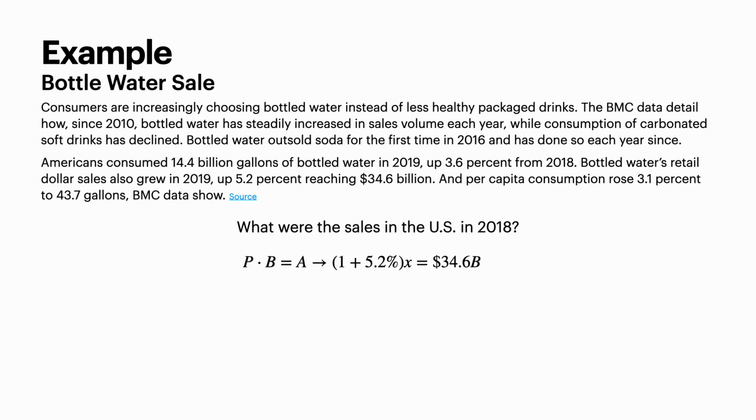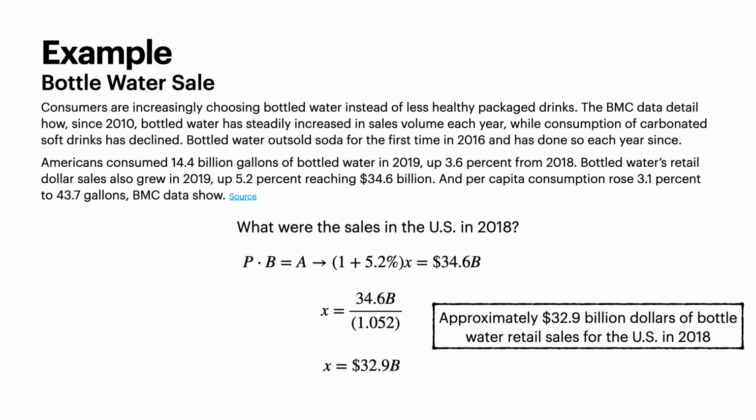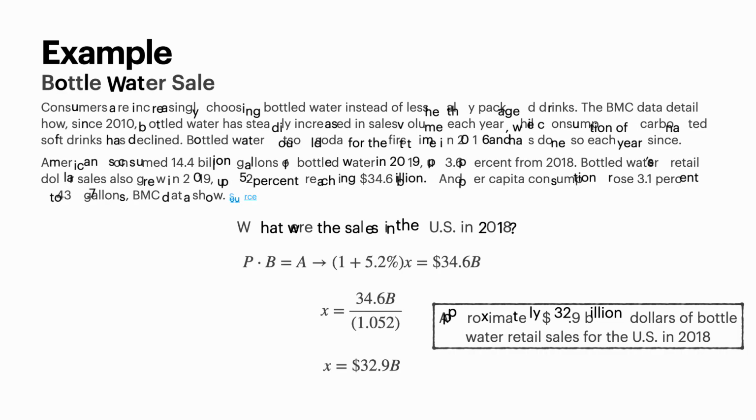I do my percentage increase. I know what it equals. I can solve by dividing both sides by 1.052. I find $32.9 billion. So approximately $32.9 billion of bottled water retail sales for the U.S. in 2019. Okay, hopefully you got the same values as I did.